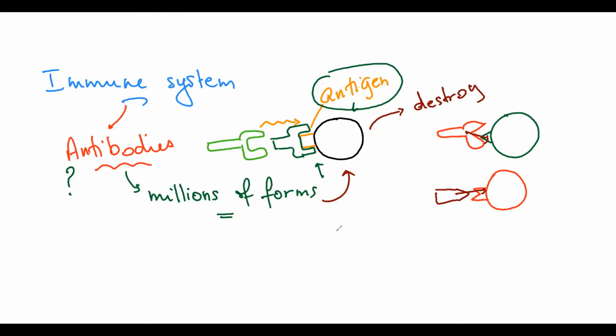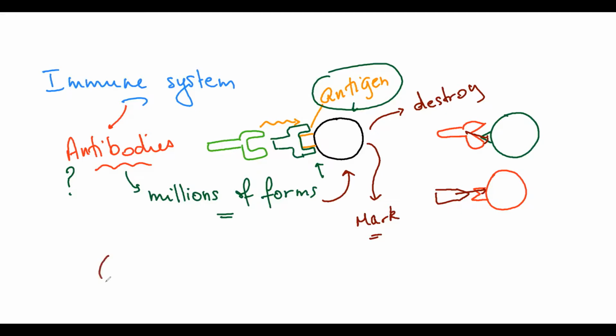When they fit into a pathogen, they can mark the pathogen, as if they are labeling the pathogen to allow a phagocyte to come and phagocytose it. But what does this mean?